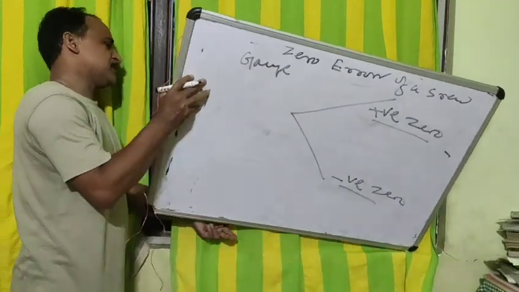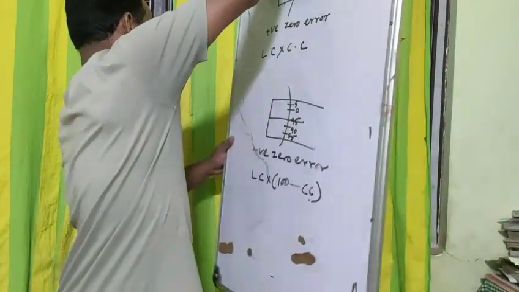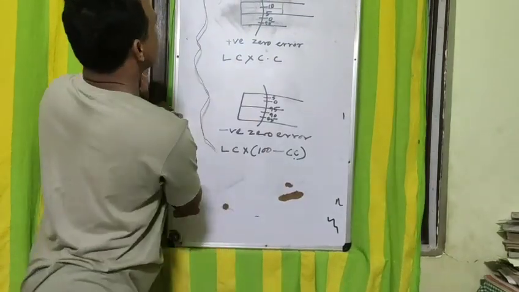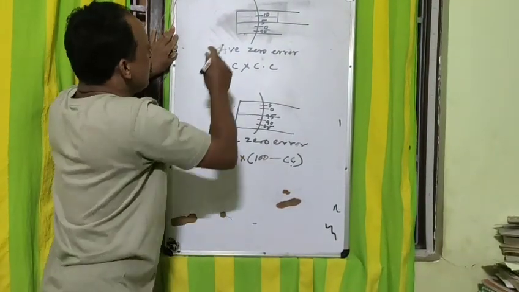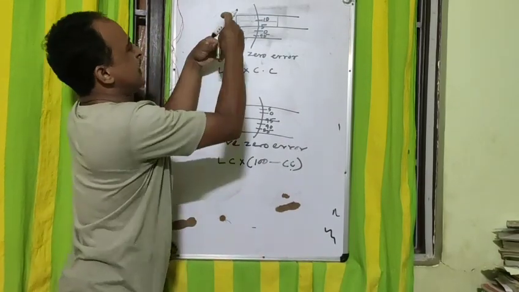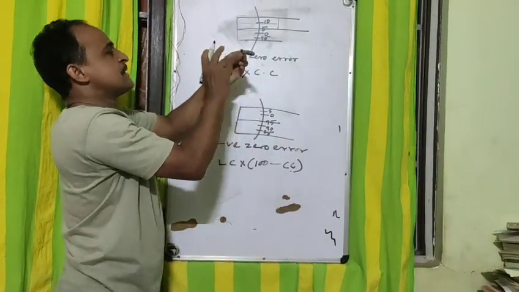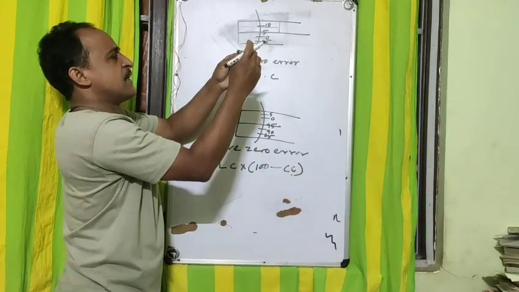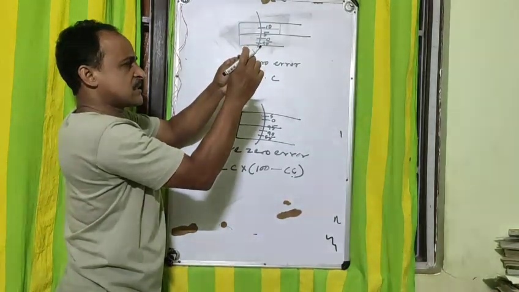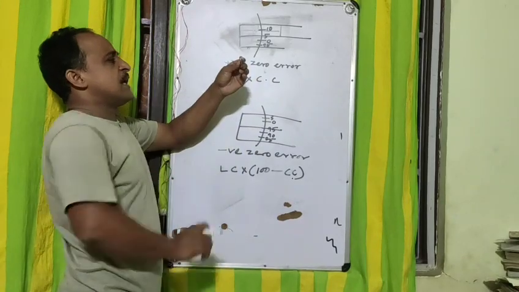Now discuss the positive zero error. First, when you rotate the screw, this is the stud and this is the sleeve. Rotate until you hear a tick sound, then leave it.